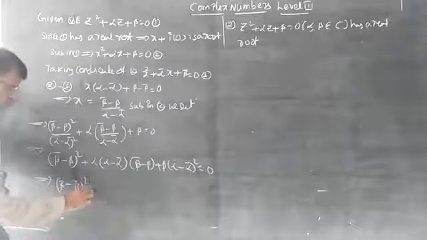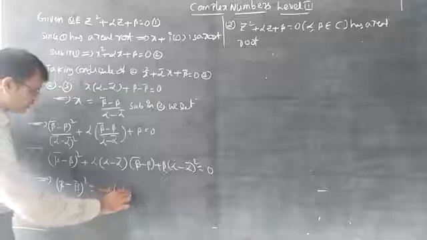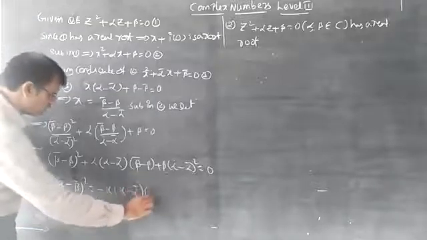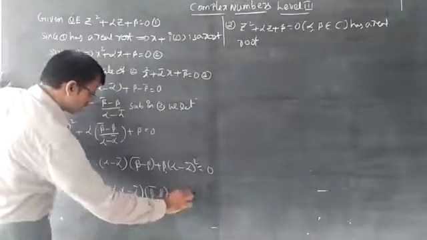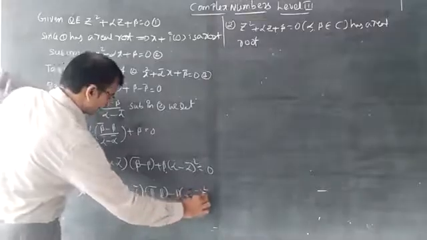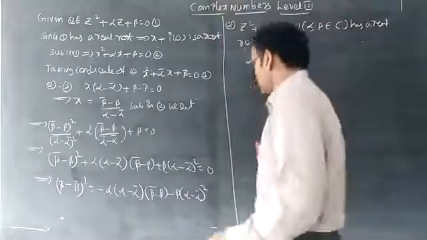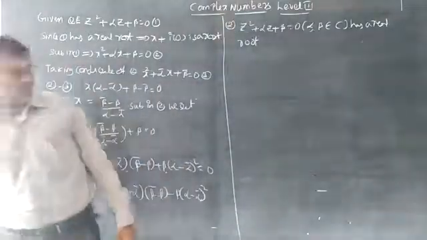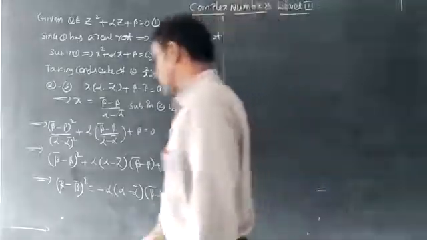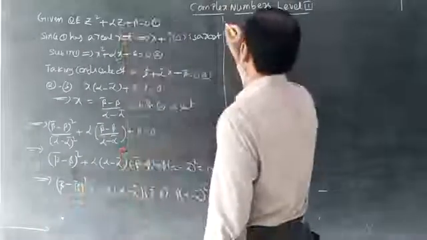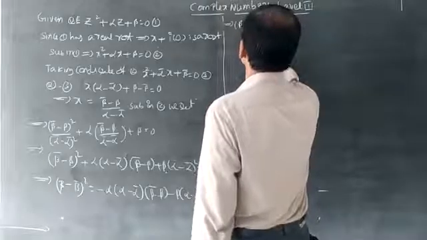So beta minus beta bar whole square is equal to these two terms taken to that side: alpha into alpha minus alpha bar into beta bar minus beta, into alpha minus alpha bar whole square.